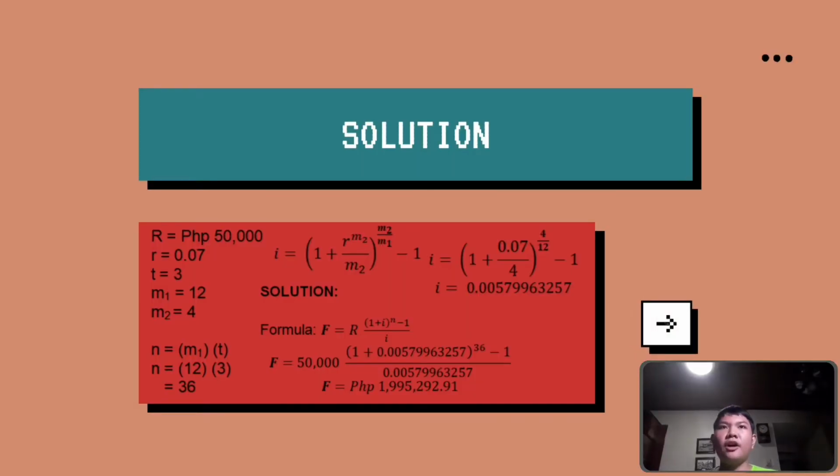The regular payment R is 50,000, the nominal rate being 0.07, conversion periods are m sub 1 is equal to 12, and m sub 2 is equal to 4, while the term is 3.